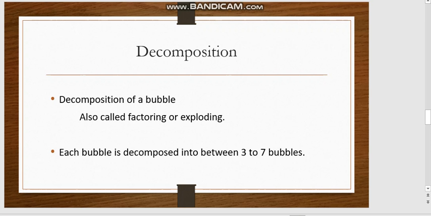The bubbles are decomposed into sub-functions at the successive levels of the DFD model. Each bubble at any level of the DFD is usually decomposed into between 3 to 7 bubbles. Whenever we decompose a process or bubble, it should be decomposed into between 3 to 7 bubbles.